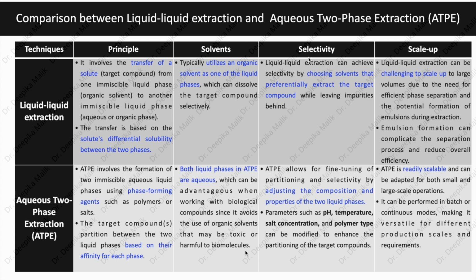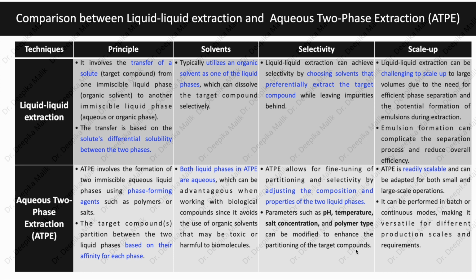Liquid-liquid extraction can achieve selectivity just by choosing solvents that preferentially extract the target compound while leaving impurities behind. On the other hand, aqueous two-phase extraction allows for fine-tuning of partitioning and selectivity by adjusting the composition and properties of the two liquid phases.